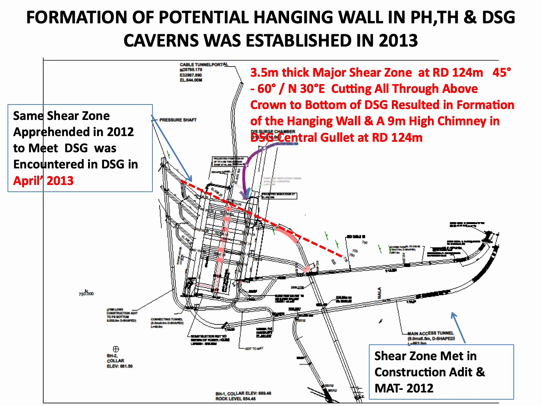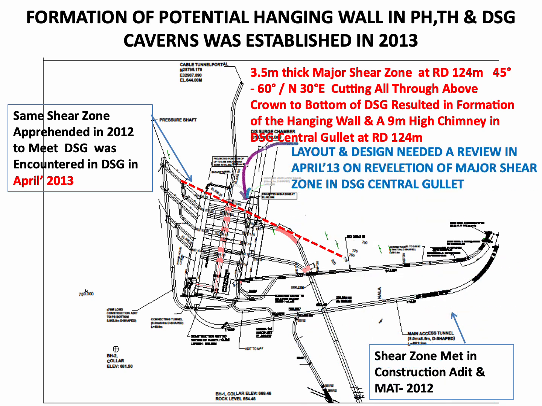This necessitated a change in the layout and design of the 3 caverns in April 2013, when the major shear zone was revealed in the downstream surge gallery's central gullet.